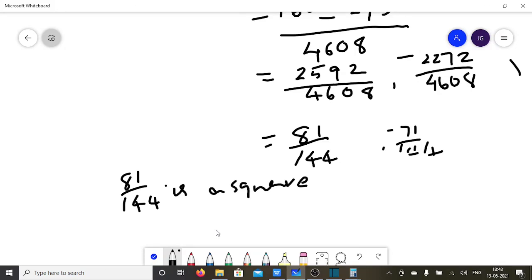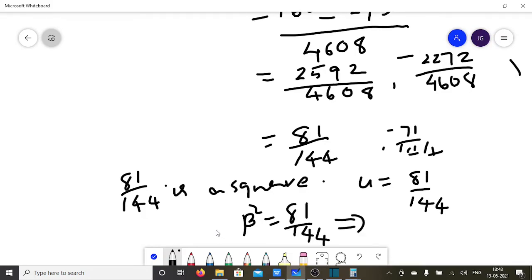So that is u is equal to 81 by 144, so that is beta square is equal to 81 by 144, which implies beta is equal to square root of that, 9 by 12. If we simplify this one, we can cancel the common term 3, so this is 3 by 4.